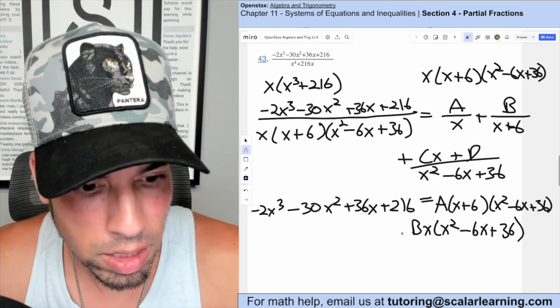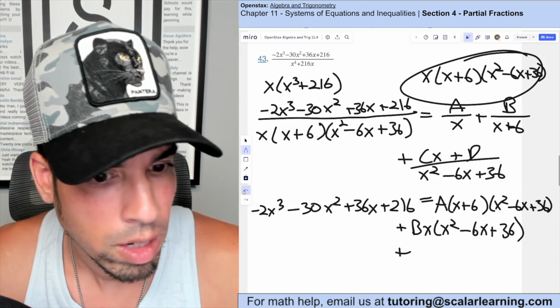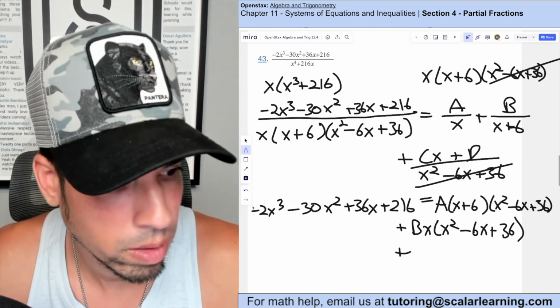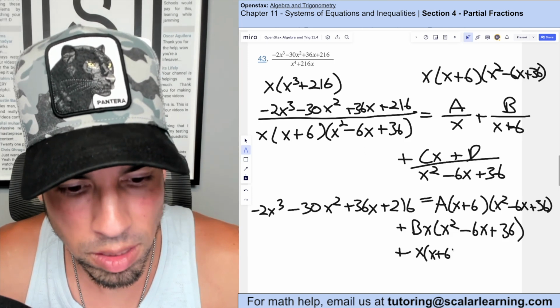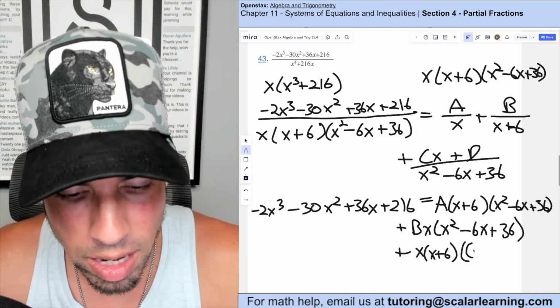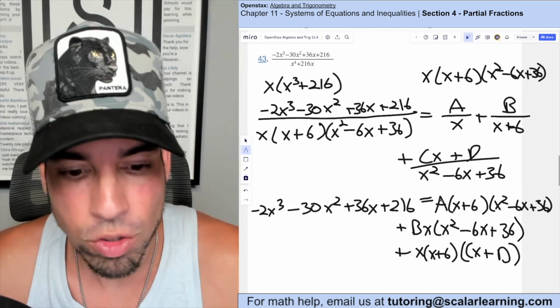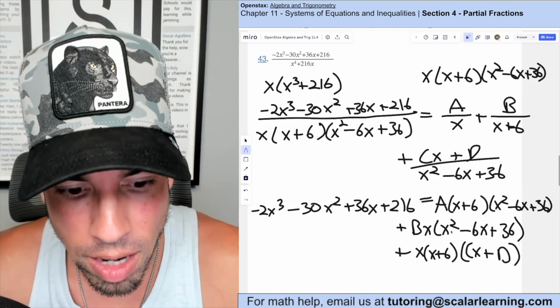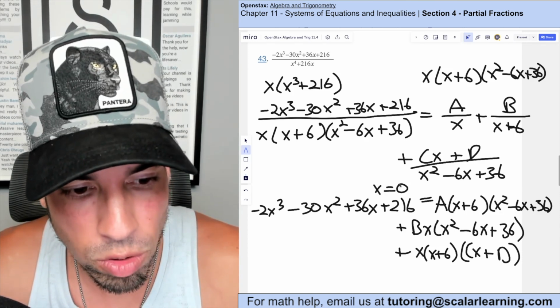And then last but not least, we got plus this times this, and that's going to cancel out this entire thing. And then we're going to have x times x plus 6 left over, and then times cx plus d, like so. Okay, now we got to choose some nice values for x to plug and chug to start solving. Since I have an x here and an x here, if I plug in x equals 0, that's going to be amazing.